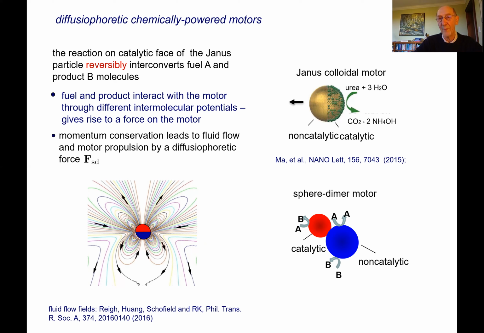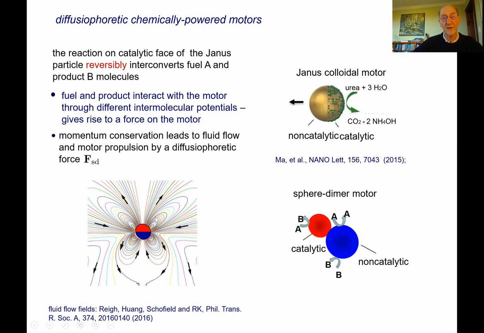But since momentum in the entire system is conserved, the momentum balance leads to a fluid flow in the surroundings, and that fluid flow basically gives rise then to a force on the motor, a diffusiophoretic force that I've called F sub SD.